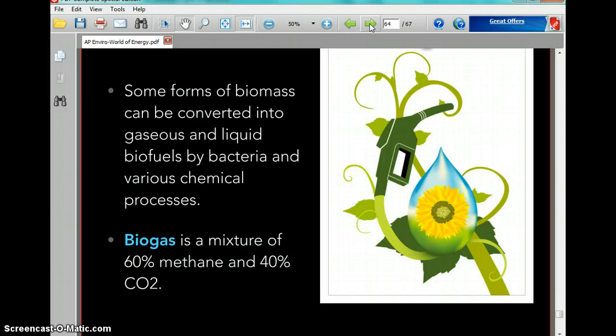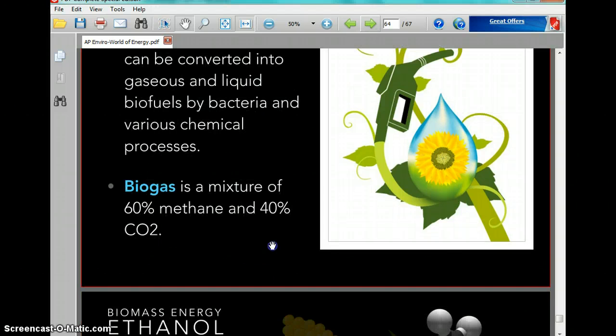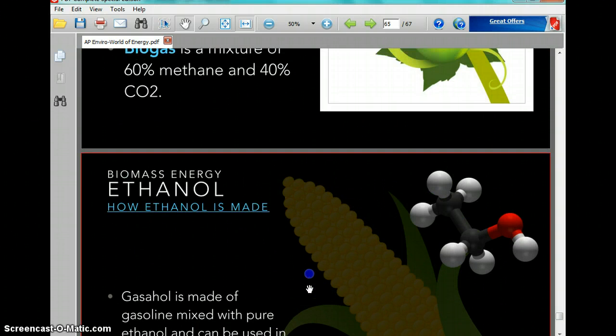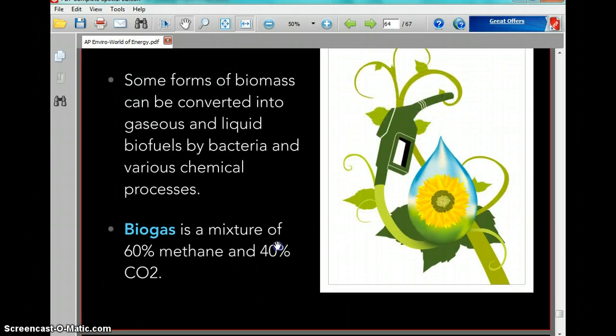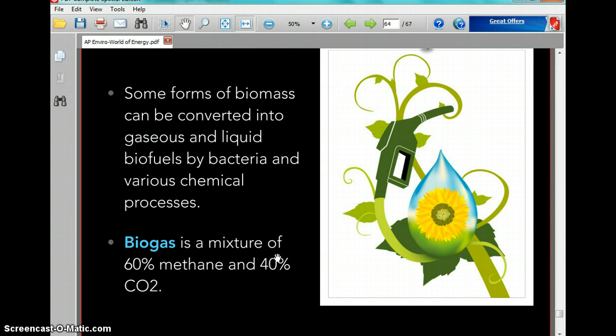Now, one thing that we're going to talk about is biofuels, which is a subtype of biomass energy. So all biofuels are biomass, but not all biomass is biofuels, if that makes sense. Basically, these biofuels are gaseous and liquid forms, and they're converted into these forms by bacteria or chemical processes.